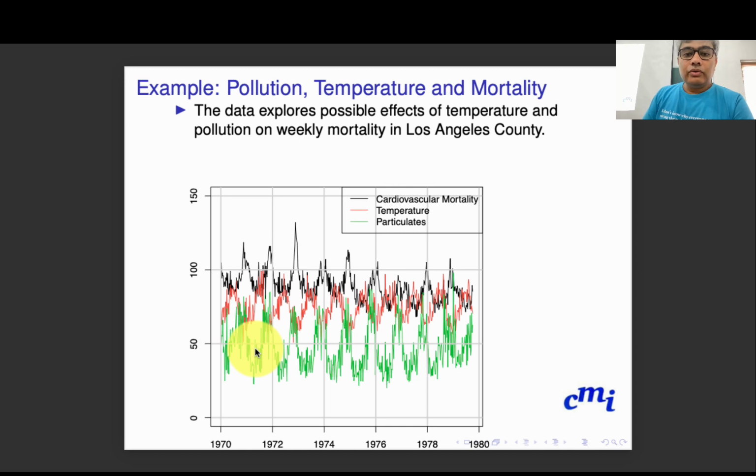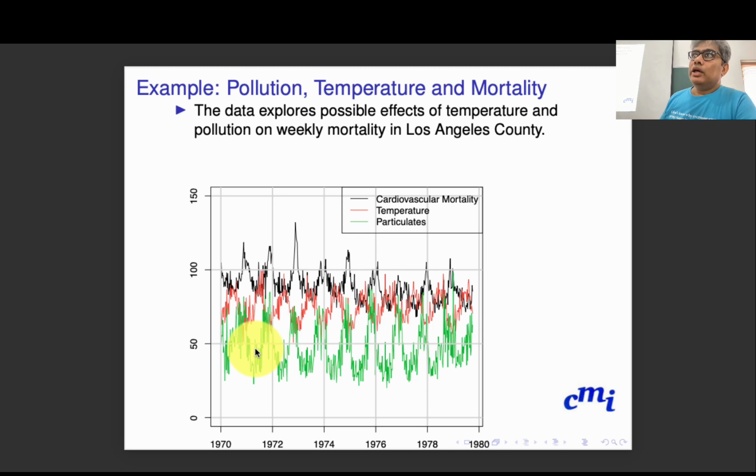Okay, so clearly there is a periodicity. But that doesn't mean that one is affecting another, one is causing the other to move.